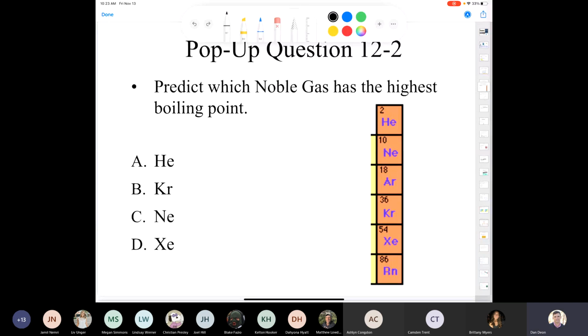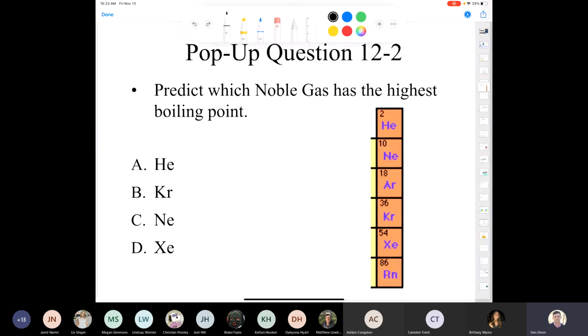All right, somebody says D. I think that person is probably in the right vein because all of these atoms are going to have the same shape, aren't they? They're all in the same group, the same family, so they're all going to have the same shape. But what do we know about atomic size? As we go down a group, size increases.